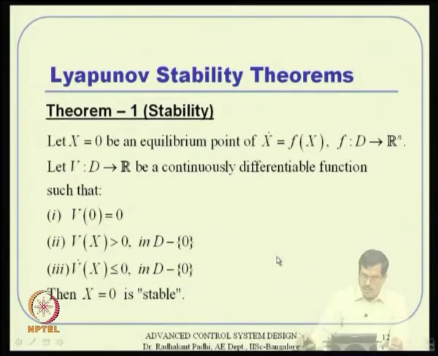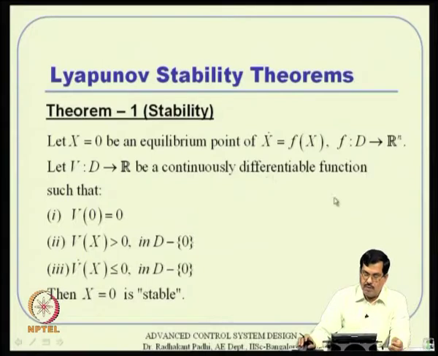Now we are ready to talk about the stability theorems and their meaning. The theorems we are going to discuss in Lyapunov theory, remember, are all sufficiency conditions, they are not necessary at all. That means if these conditions are satisfied, you are guaranteed to get the stability behavior, but if these conditions are not satisfied with respect to the V of x that you have selected, then there is no guarantee.